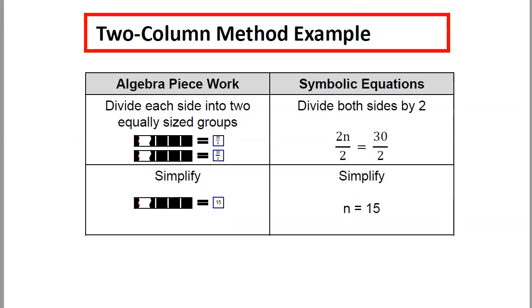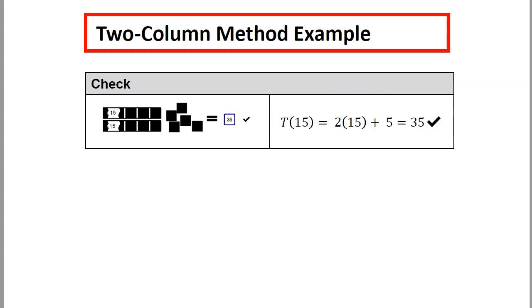Next, we divide each side into 2 equally sized groups, 30 divided by 2, and we end up with n equals 15. Finally, we check. If n is 15, we can see in our algebra piece model that we have 15 plus 5 is 35.